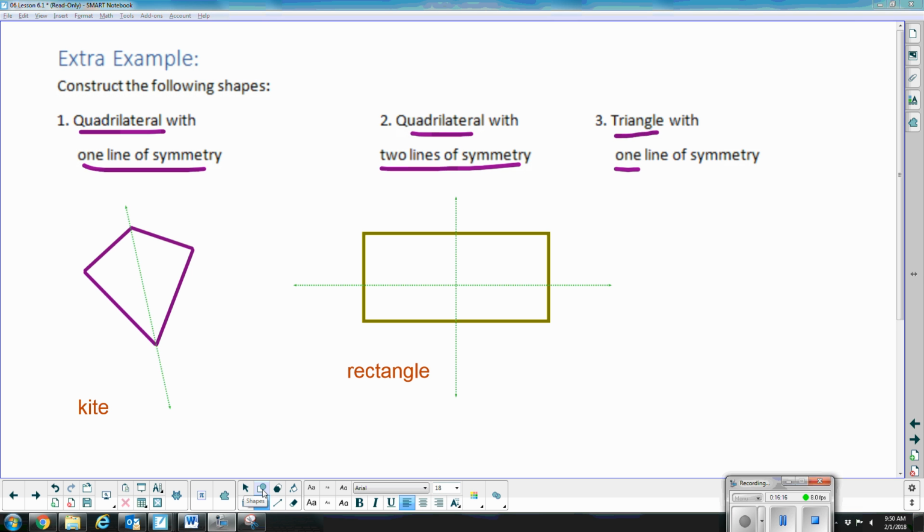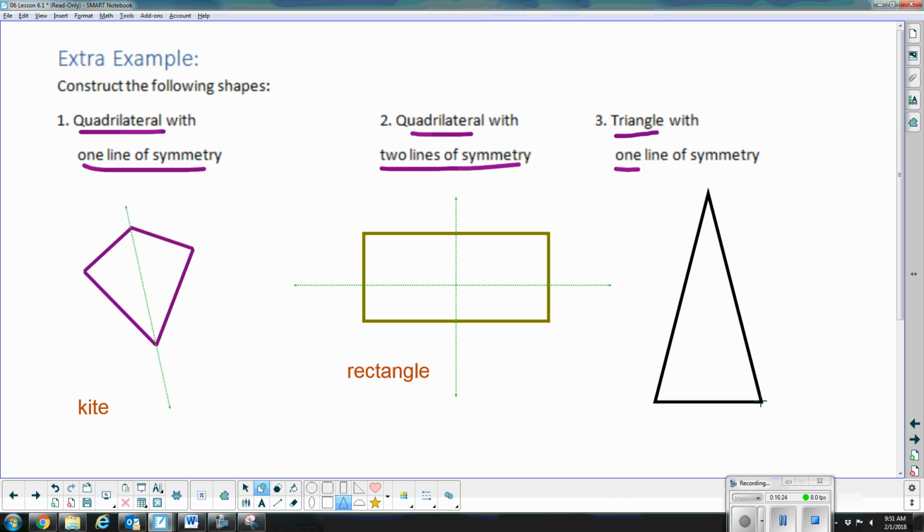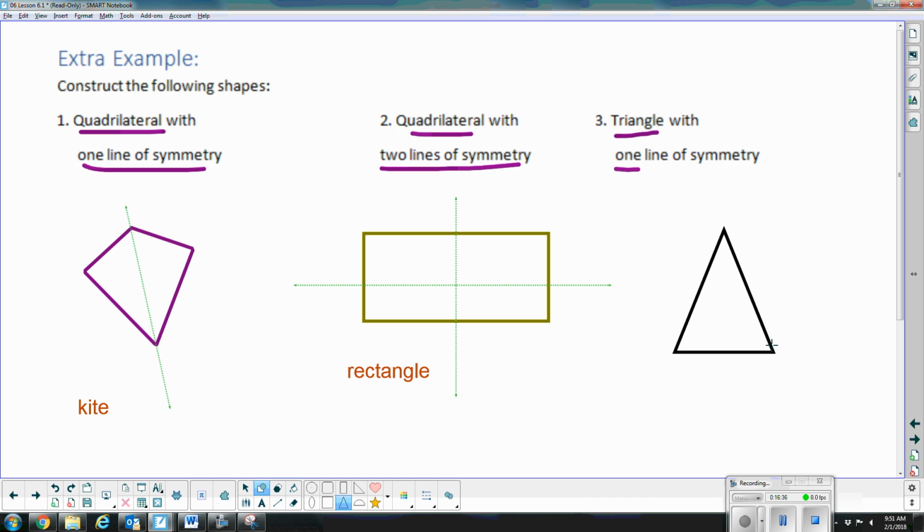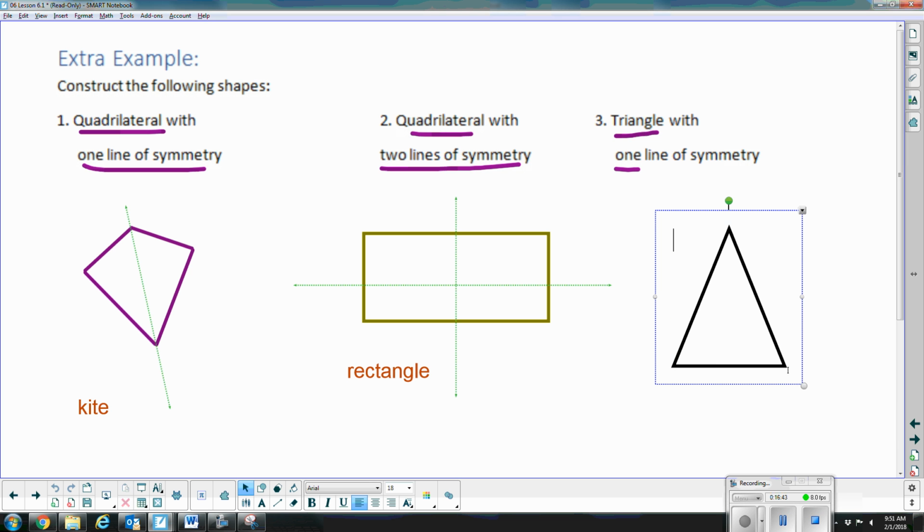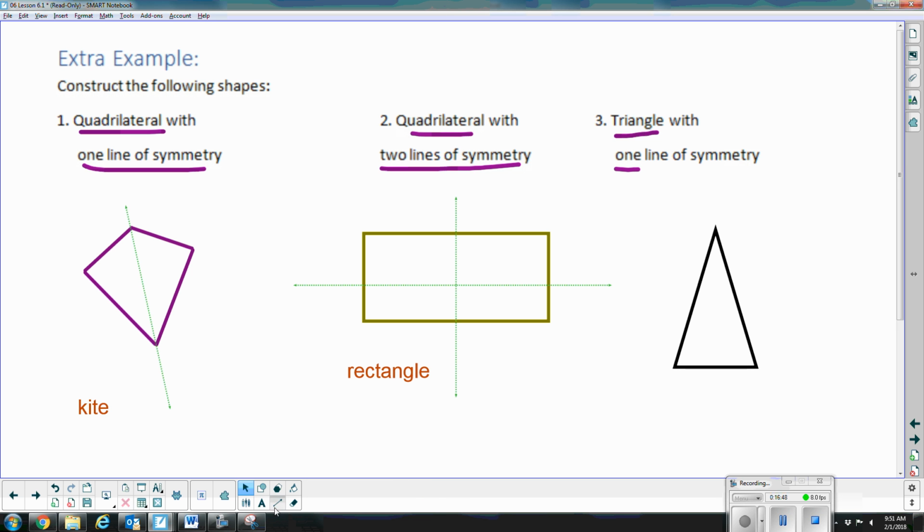Right, and then the last one is a triangle that only has 1 line of symmetry. So I might draw an isosceles triangle, not an equilateral triangle though. If my triangle was equilateral, then I would have 3 lines of symmetry, but with just specifically an isosceles triangle, I only have 1.